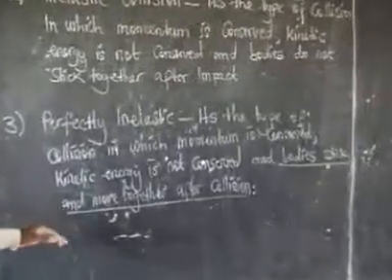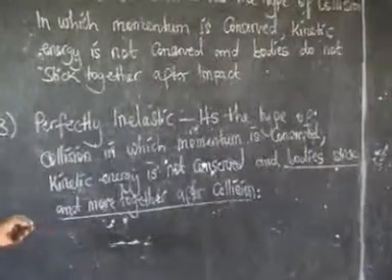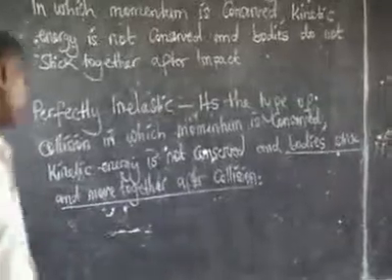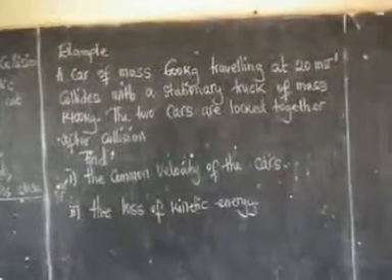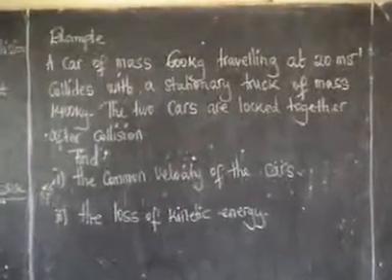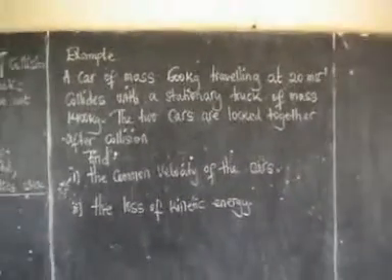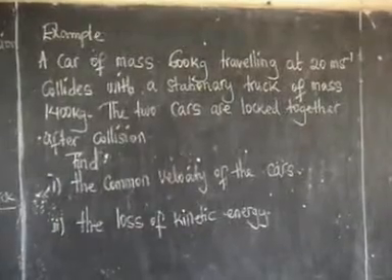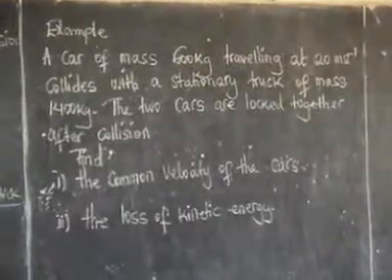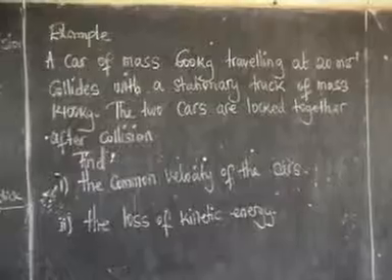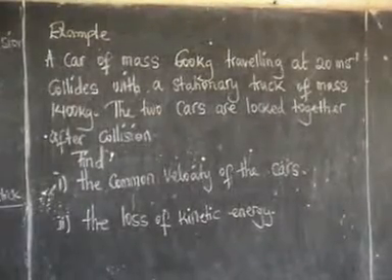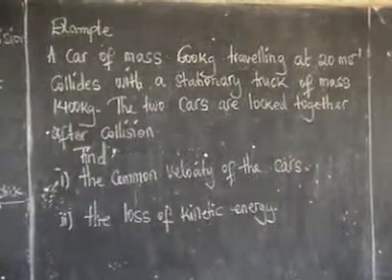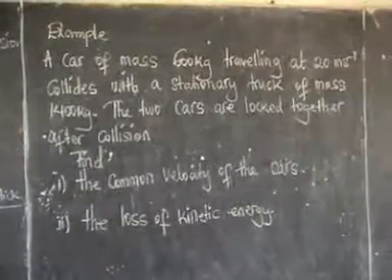So let's try to look at a simple example. A car of mass 600 kilograms traveling at 20 meters per second collides with a stationary truck of mass 1,400 kilograms. The two vehicles are locked together after collision.